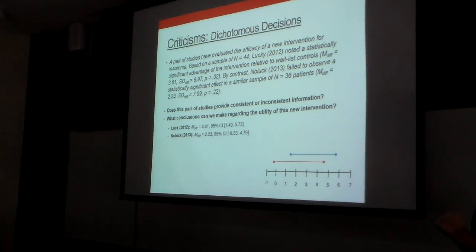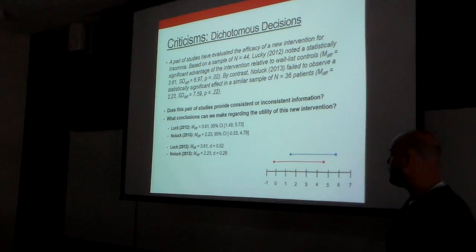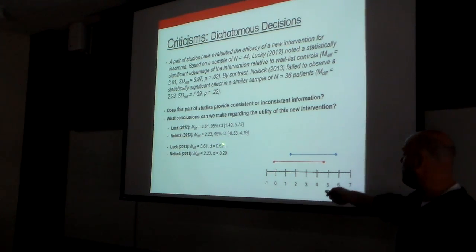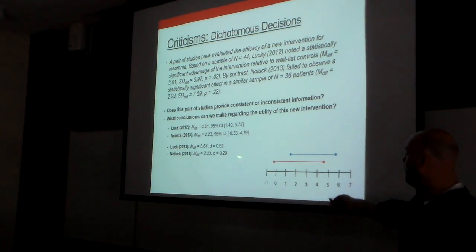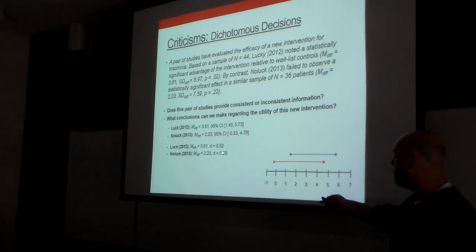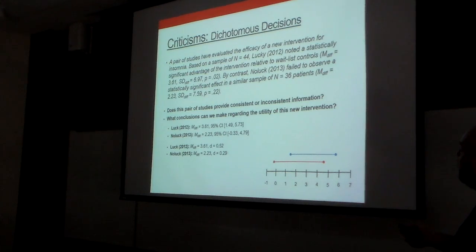Questions about this? Okay. And again, if we look at effect sizes, we'll talk about those hopefully later on this afternoon. We've got a medium effect, a small effect, but they're still going in the same direction. They're still looking like there's something going on. This is going to be a small effect, and small effects are hard to detect in a sample of 36.